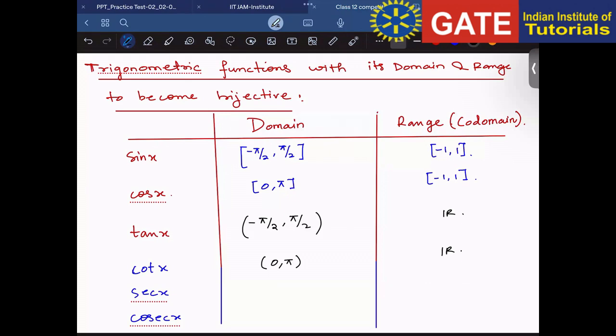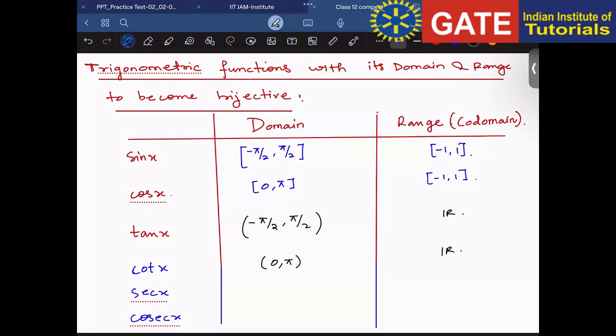Secant x, one time I'll confirm. Secant x, tell the domain is what? Secant x and cos x are related.